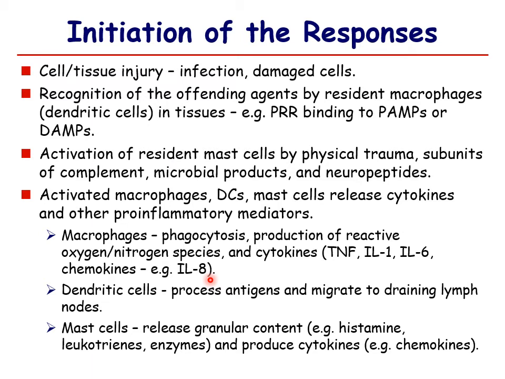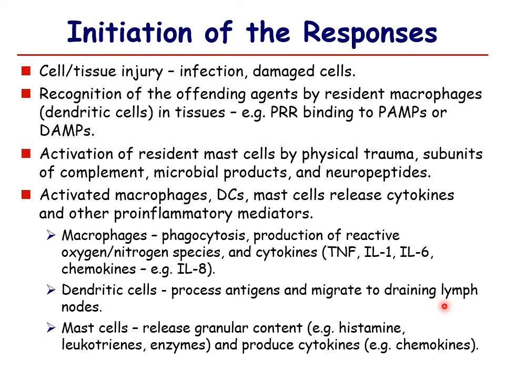Now, in the tissue, dendritic cells are also present, and dendritic cells pick up the offending agents for protein antigens, then they process that protein antigen and begin to migrate down to the draining lymph node to present that antigen to naive T cells.